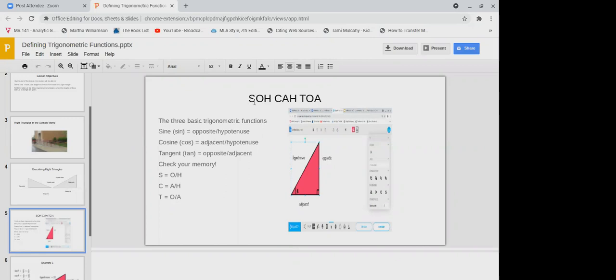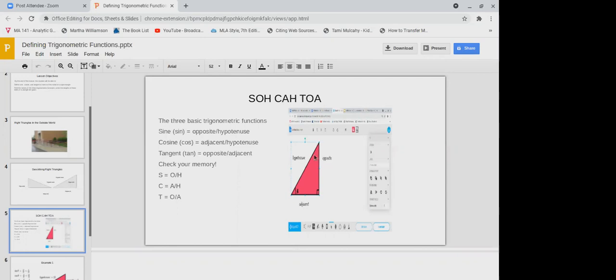So S is the sine, O is opposite, and H is hypotenuse. So sine is the ratio of the opposite over the hypotenuse. Similarly, cosine, C, is equal to the adjacent side over the hypotenuse. And the tangent is equal to the opposite over the adjacent. So sine is opposite over hypotenuse, cosine is adjacent over hypotenuse, tangent is opposite over adjacent.